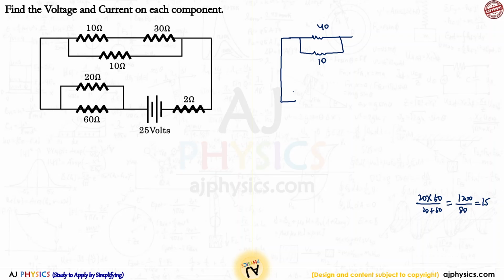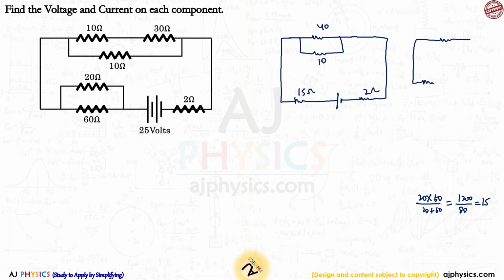Yeah, we have 15 ohms over here, and this is 2 ohms, and 40 and 10 will give you an answer of 8. I think we solved that earlier. So this is 8, 15 and 2. 8, 15 and 2 with a battery of 25 volts.